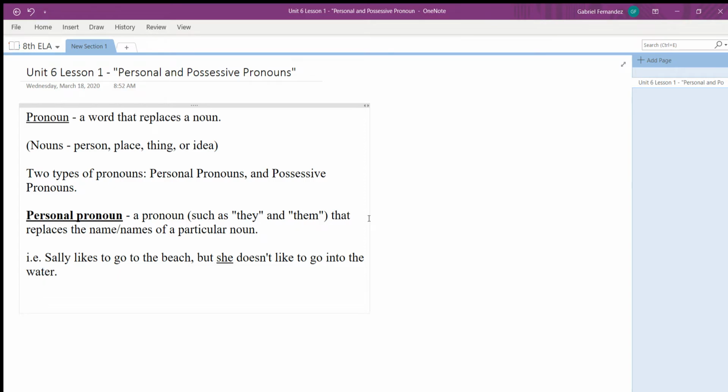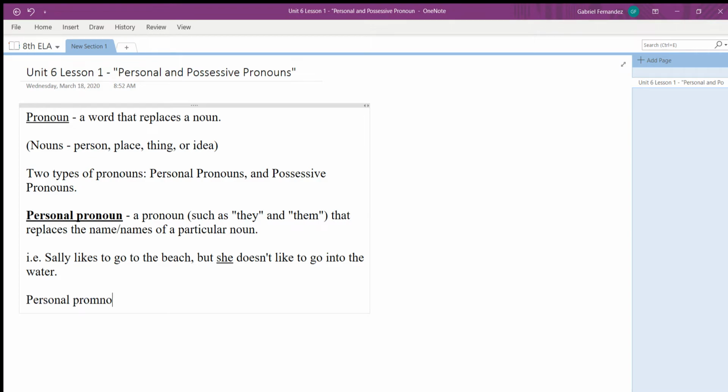She, in this case, would be a personal pronoun referring to one particular person. There's only one she. She also tells us the gender of the person that we are addressing. We know she is feminine. So those are just some of the aspects of what personal pronouns can indicate.